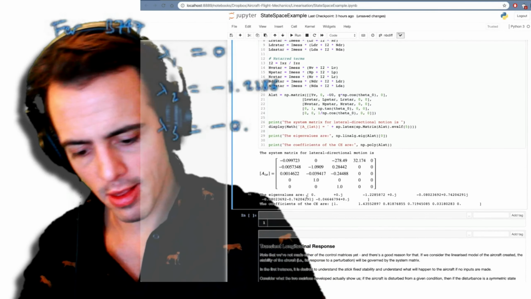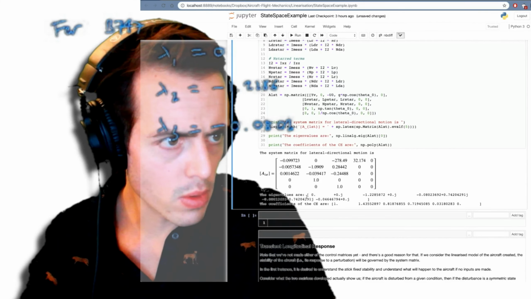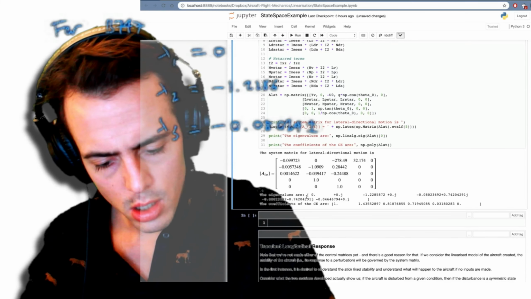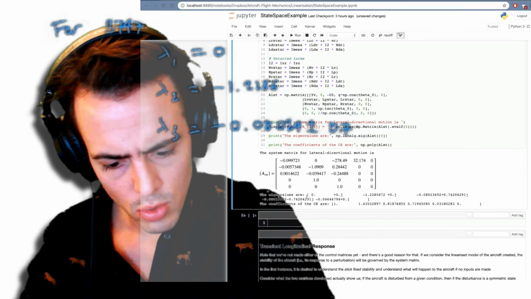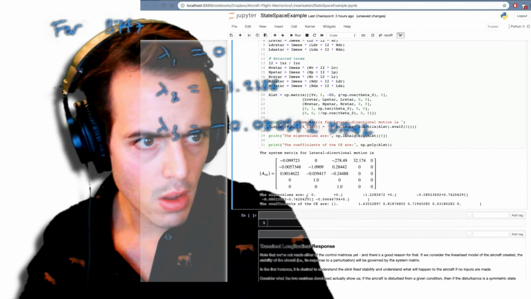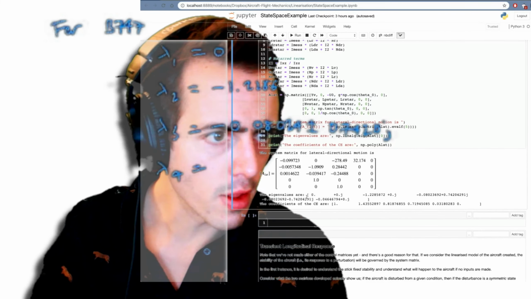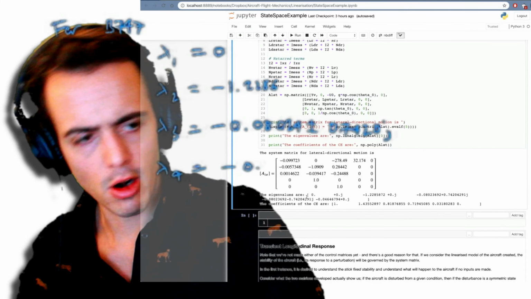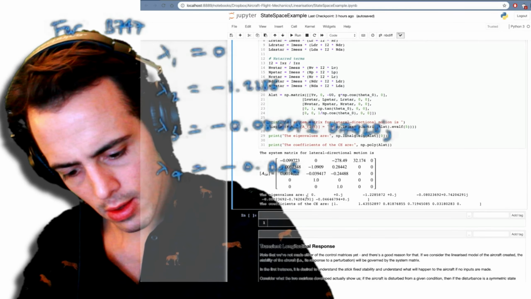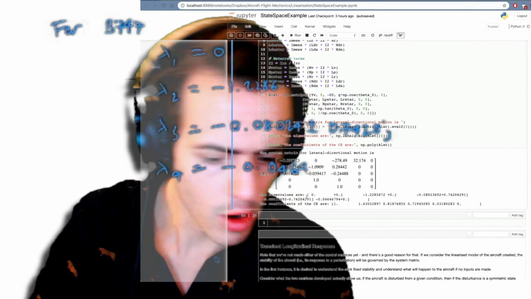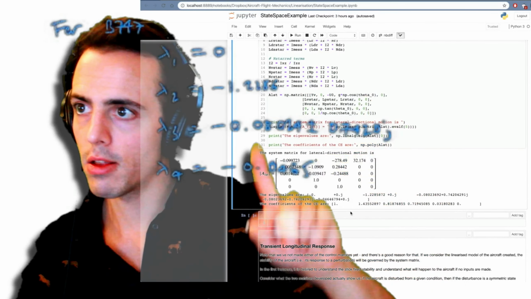So we immediately know this is the Dutch roll: minus 0.08024 plus or minus 0.7420 j. And then the last one is another real only, minus 0.465, let's say. So these are the eigenvalues, again calculated using Python.